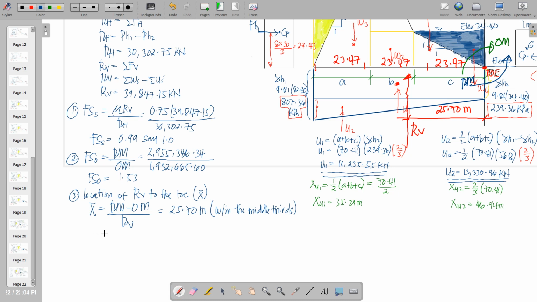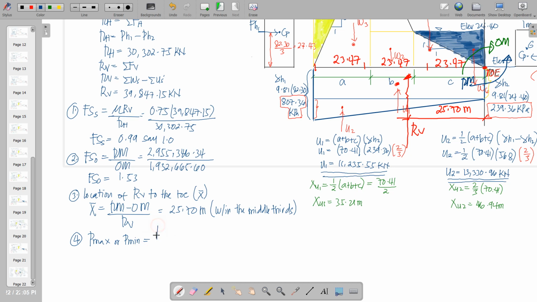Okay, next. Number 4. What will be the pressure distribution at the base? We are having a minimum and maximum value.